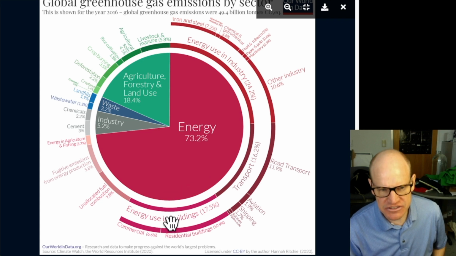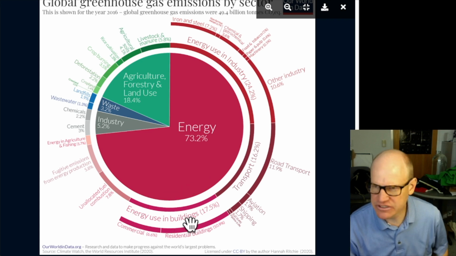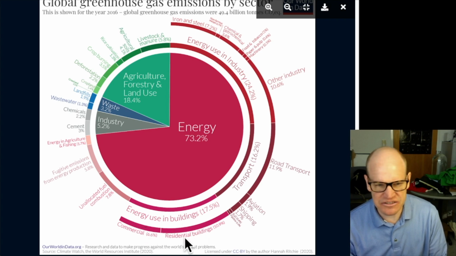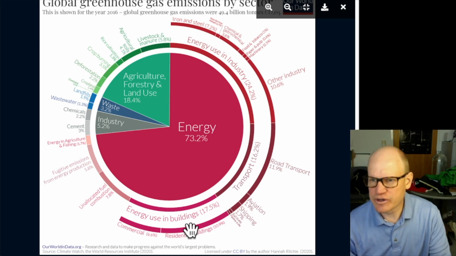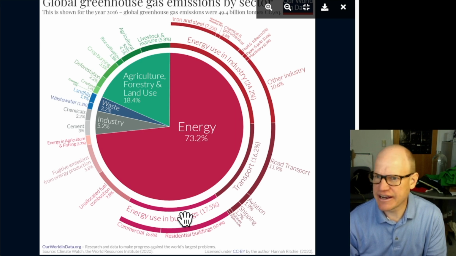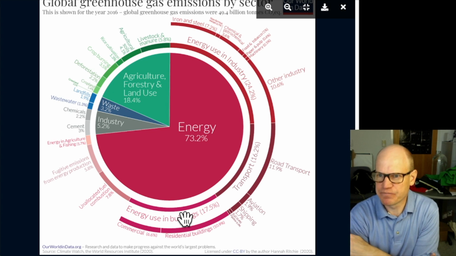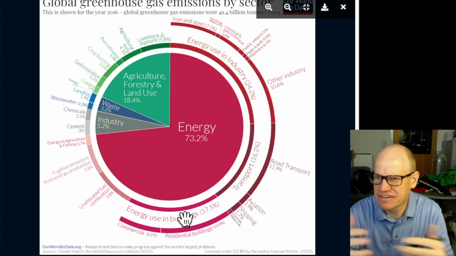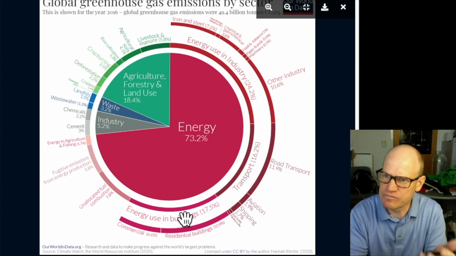Energy use in buildings includes heating up the buildings. It's split almost 50-50 between residential and commercial, and that's another 20%. So you could imagine cutting this in half, certainly in smaller environments. I guess it depends; you'd have to figure out where it is most efficient to apply this.